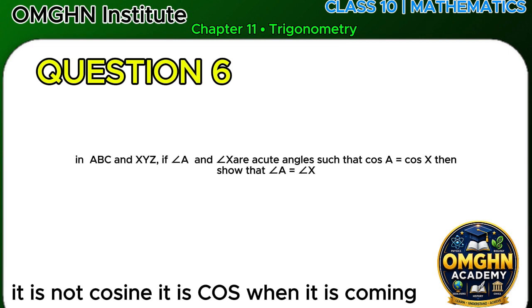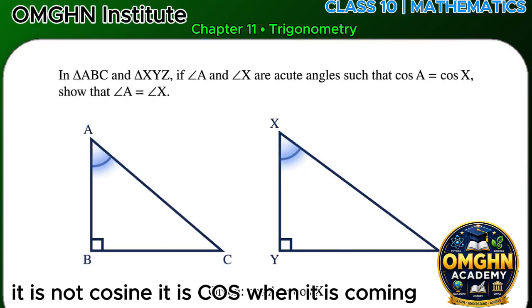Now students, question number 6 is a proof question. In triangle ABC and triangle XYZ, angle A and angle X are acute angles such that cosine A is equal to cosine X. Show that angle A is equal to angle X. Let's understand this carefully. We are given cosine A is equal to cosine X. Also, both A and X are acute angles.